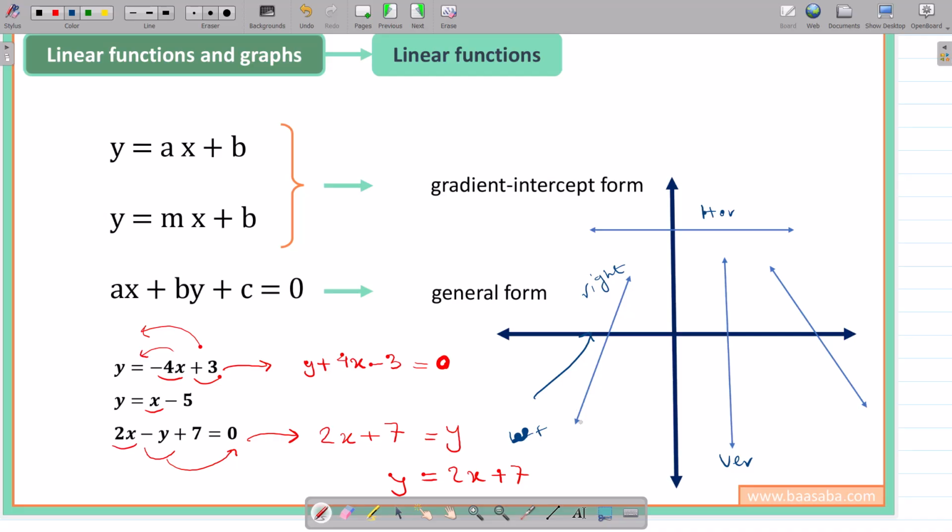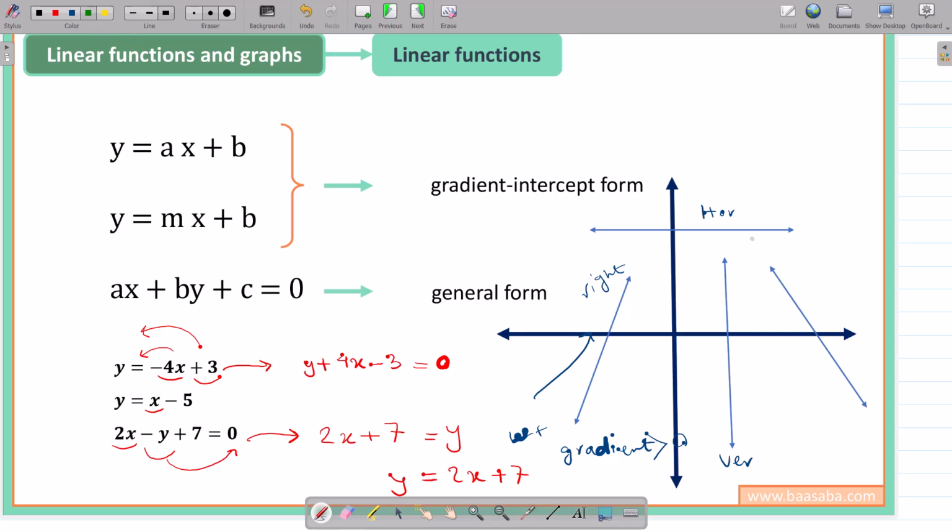When we are looking at this line from left to right, we can see that the line is going upward. So the gradient of the line that is going upward is always more than 0, greater than 0.